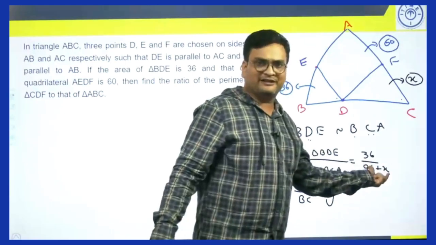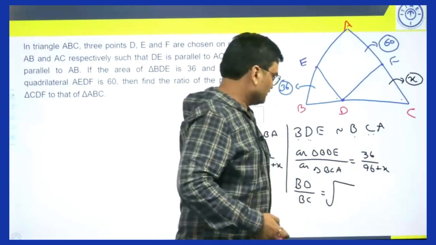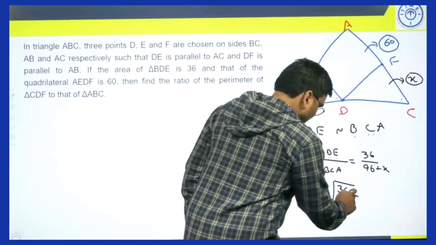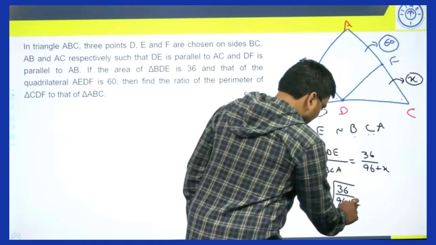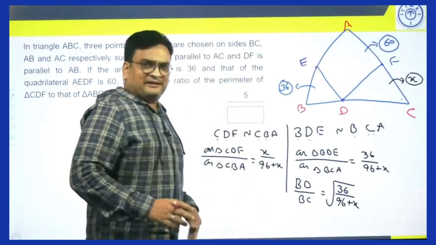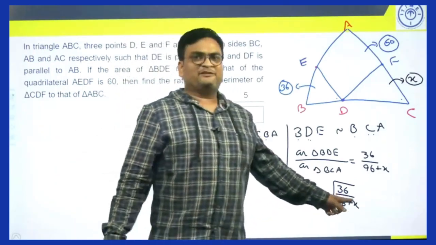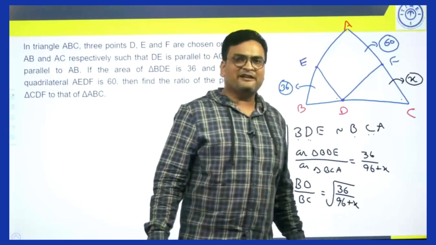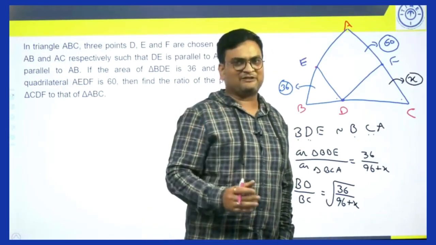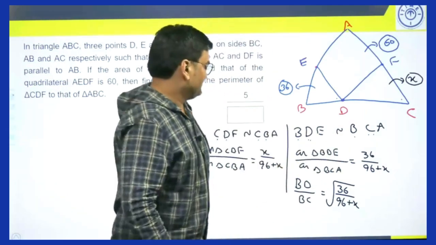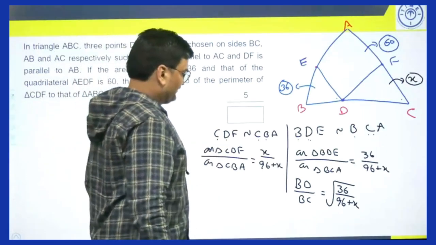Now we know the ratio of areas, so the ratio of sides will be the square root of this. One hunch that I am getting here is that the value of x should be 25, because 96 plus 25 gives me 121, which is also a perfect square. But let's try to prove that. So BD by BC, we get it as this, right.